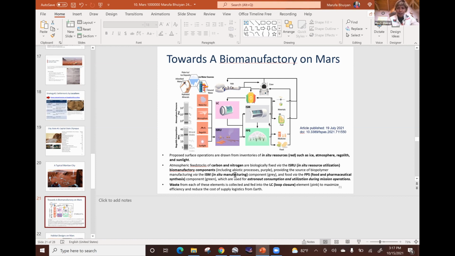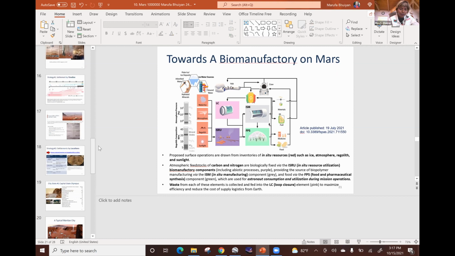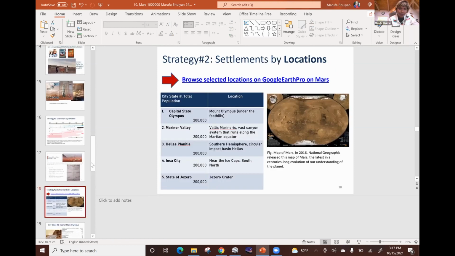This is published, a combined paper from Stanford, UC Berkeley, and others, the faculty published this paper for the future. So we have all these surface materials here. We do all the surface operations: ice, atmosphere, regolith, and sunlight. And then you create everything you need. I think food would be important, and how much you can import from Earth and all these.